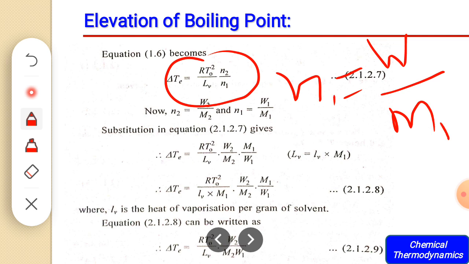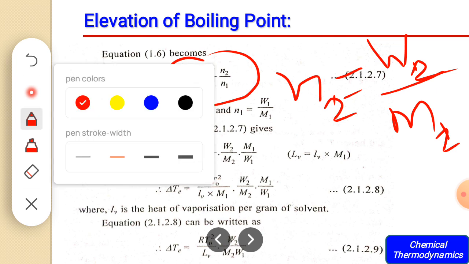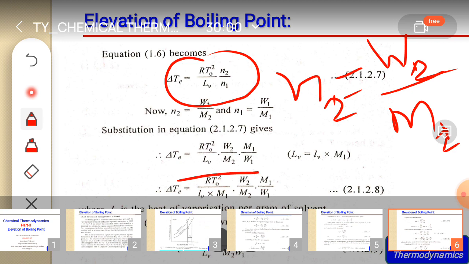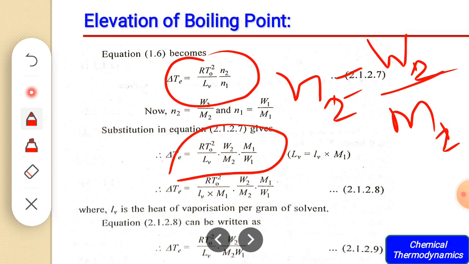For n1 it will be W1 upon M1, and for n2 it will be W2 divided by M2. If we put these values of n1 and n2 in the above equation, we get delta Tb is equal to RT0 square divided by Lv into W2 upon M2 into M1 divided by W1.